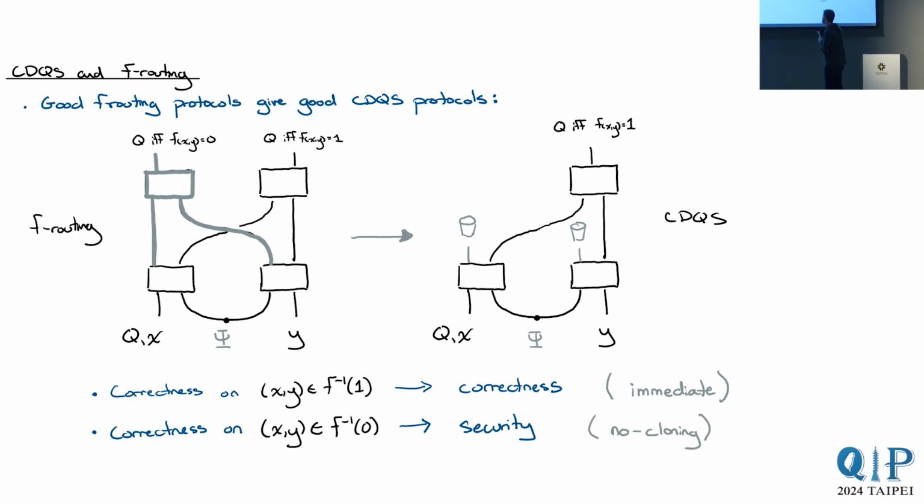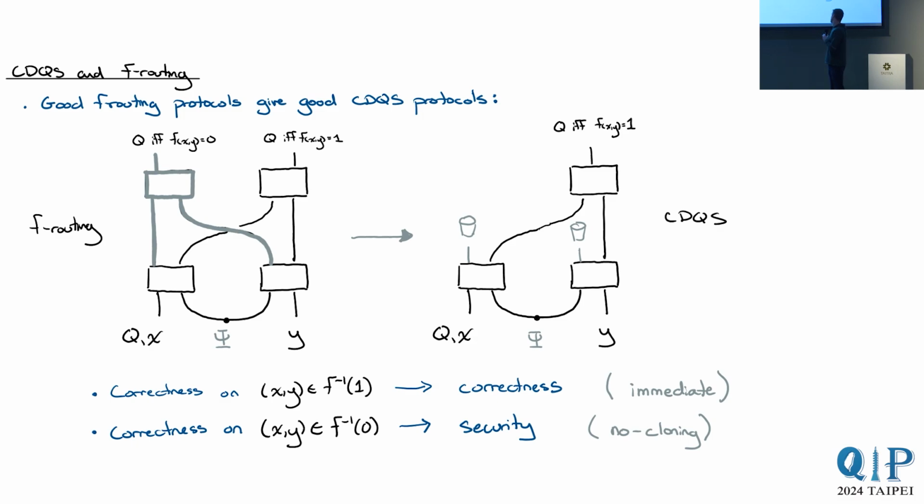For security, it's similarly simple. What we'd like to show is that when f of xy is 0, the referee can't learn anything about the system Q. And to see that, we just notice that when f of xy is 0, correctness here implies that Q ended up on the left.